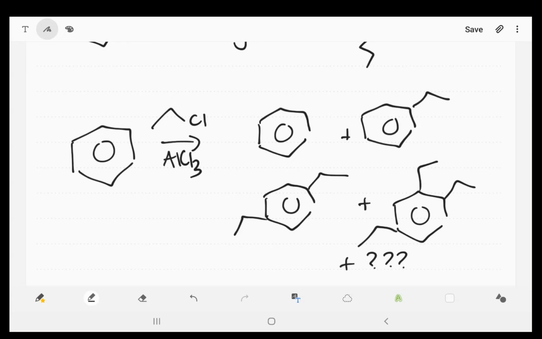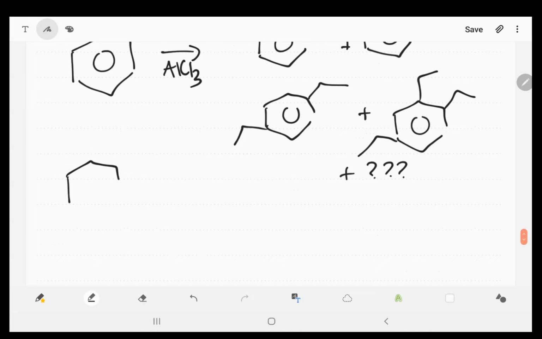And the more reactive you make it, the more likely it is to go ahead and attack the next one. So you're going to end up with this whole mess of products. It's a hard reaction to control, so I would generally not recommend it for synthesis problems, unless you're putting on a t-butyl group.